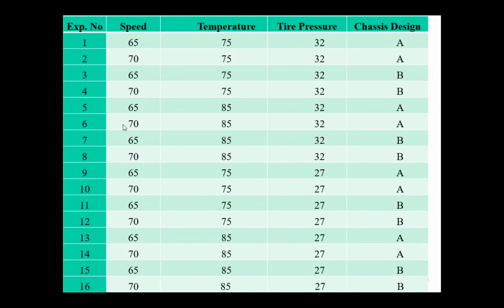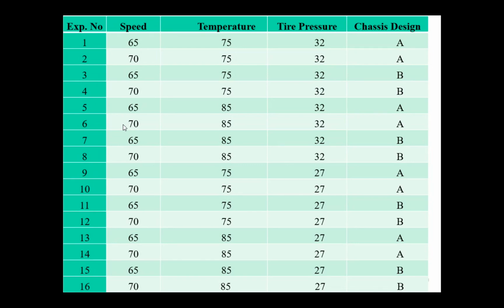In this, the speed, temperature and tire pressure are numerical values, whereas chassis design is in A and B. So these A and B are called categorical parameters.